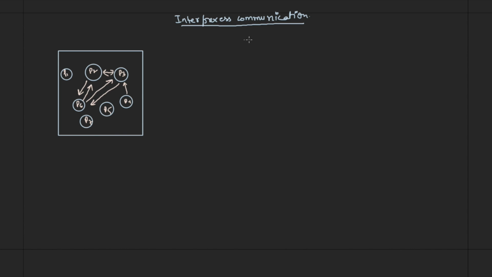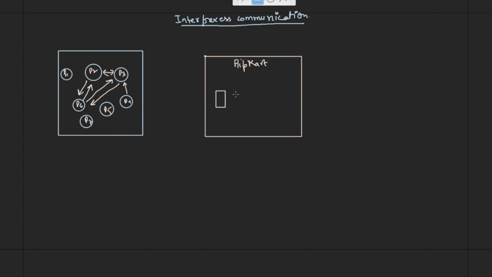For example, let us assume you are going to buy a phone on Flipkart. Assume this is your Flipkart website, and different mobile phones are listed on it. This is one phone, this is a second phone, a third phone, and a fourth phone, and so on.